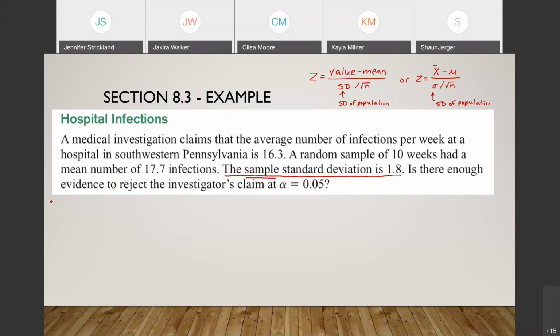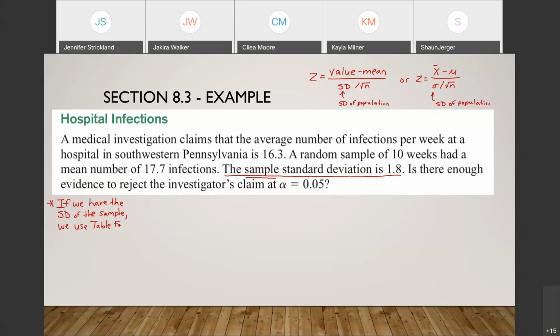So I'm going to make ourselves a little note over here. Okay, it's an easy fix. Okay, so if we have the standard deviation of the sample, we're going to use this new table that I sent out this morning. Okay, that table at the top, it says table F for the title.